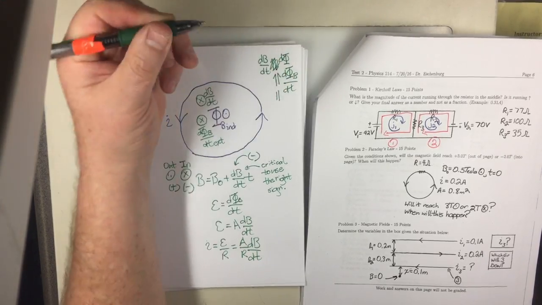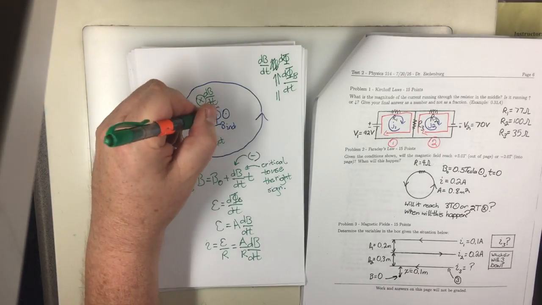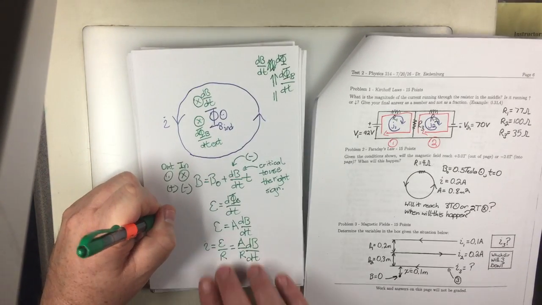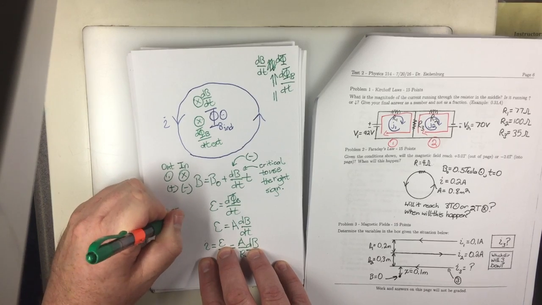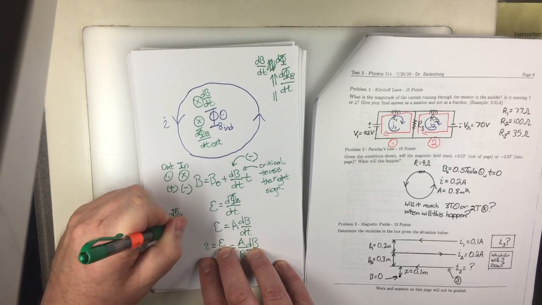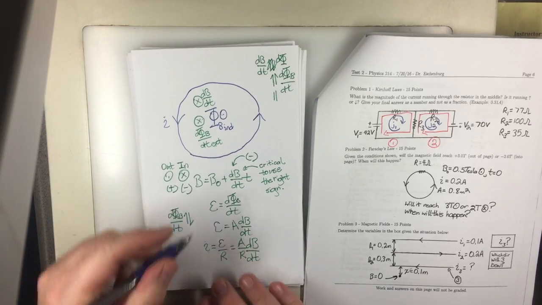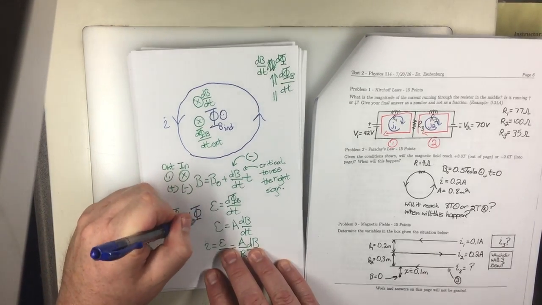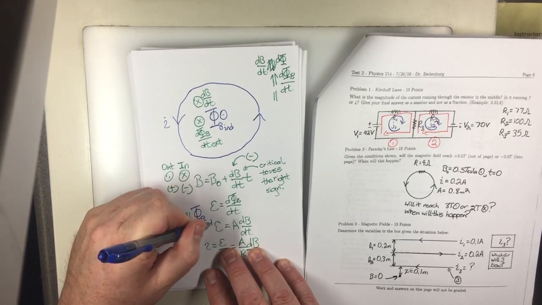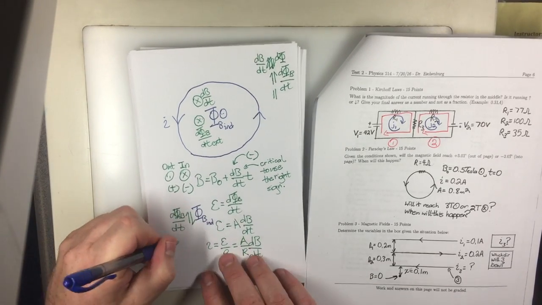Some people just write it like that. But the anti-parallel ones are those two: dΦB/dt is anti-parallel to ΦB induced.